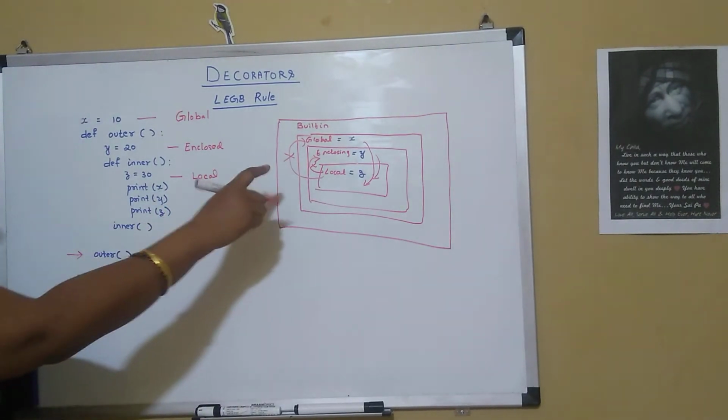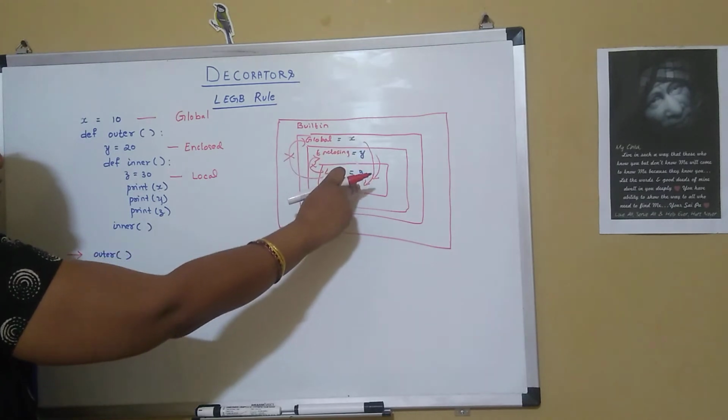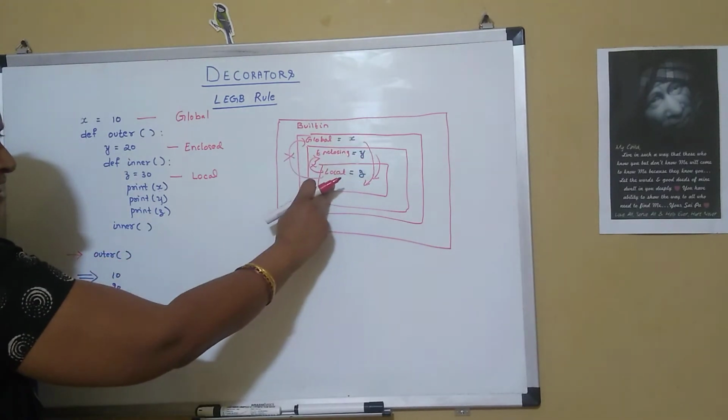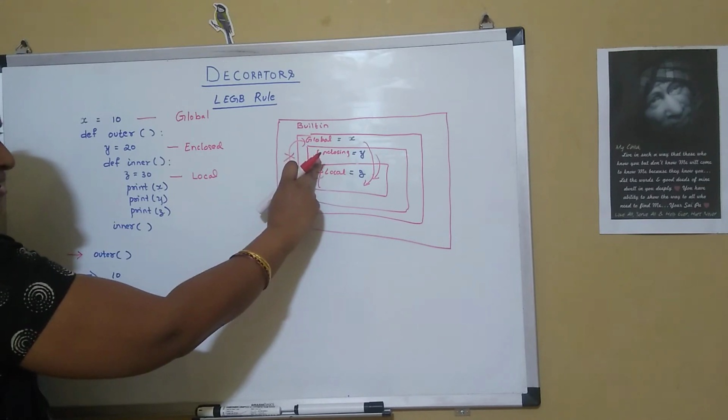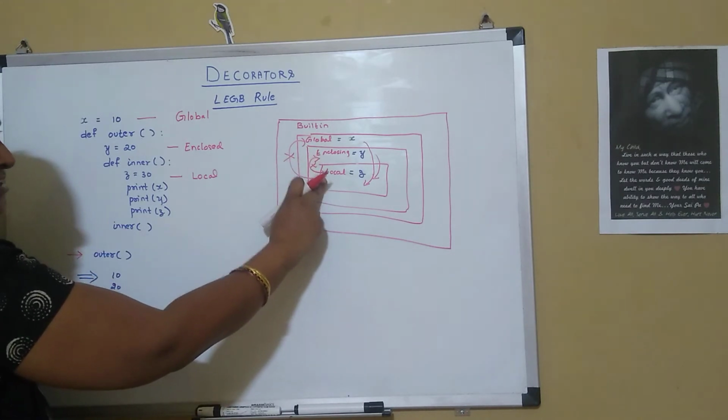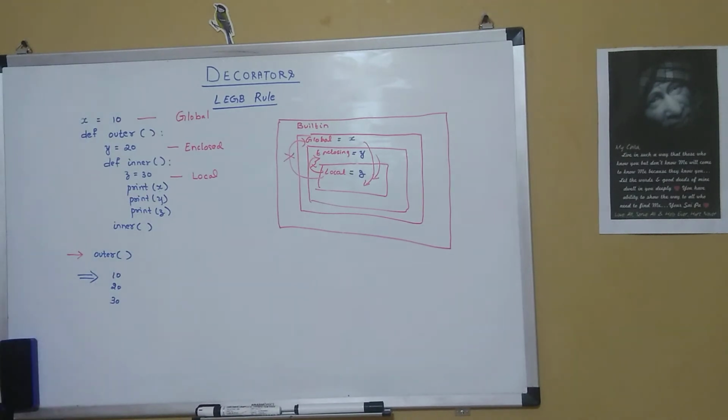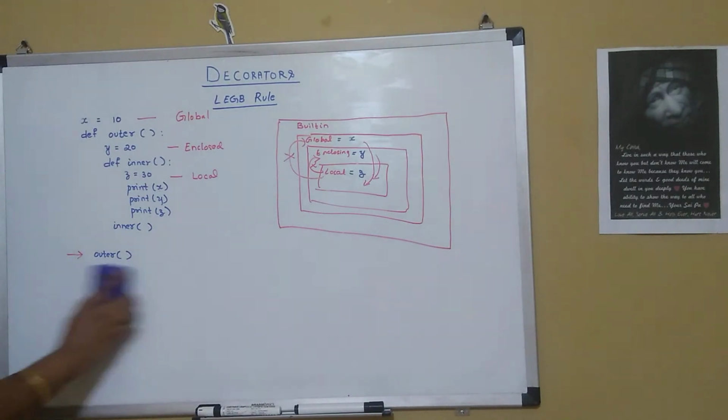So it works only one way. X, Y, Z are accessible within the local function, but Z is not accessible in the enclosed function and Z is not accessible globally. So let's look into it in detail. Here we got the output 10, 20, 30.